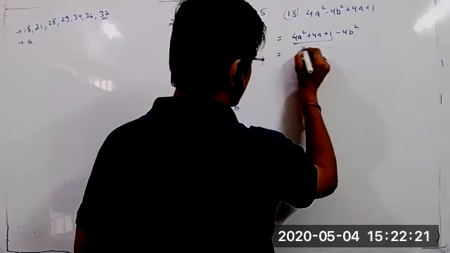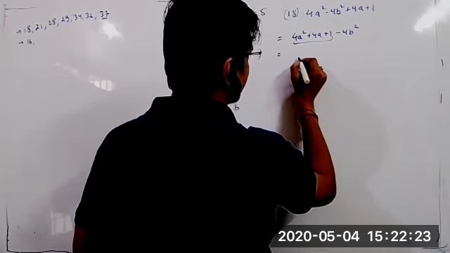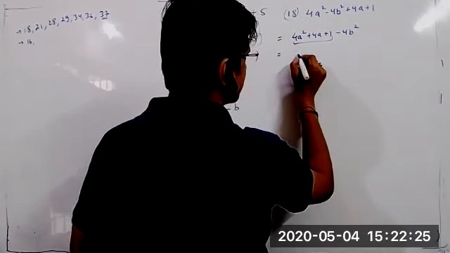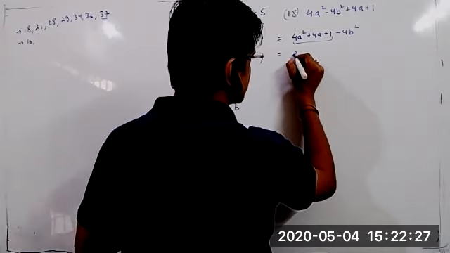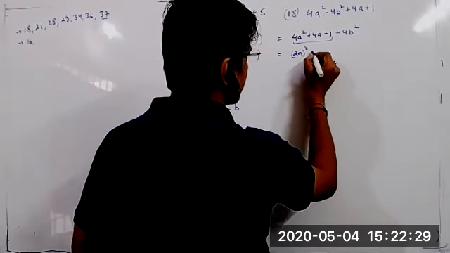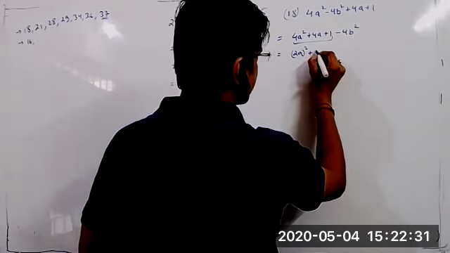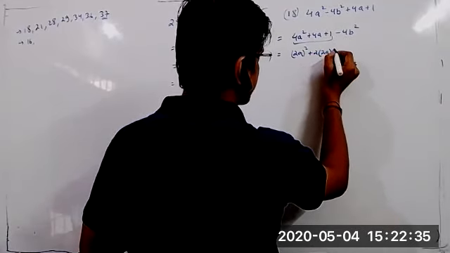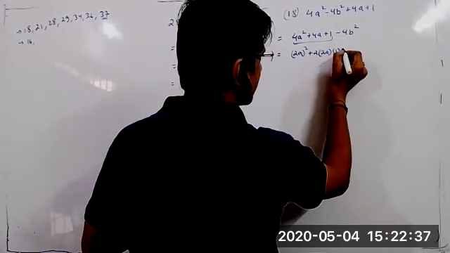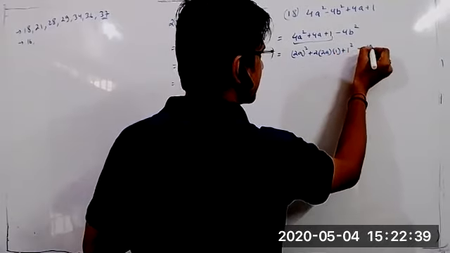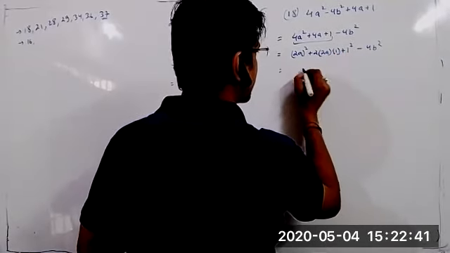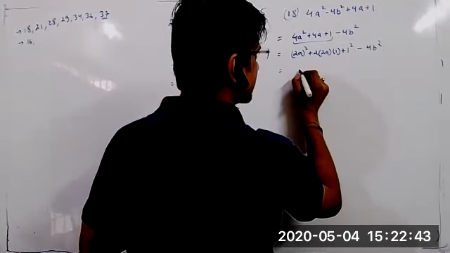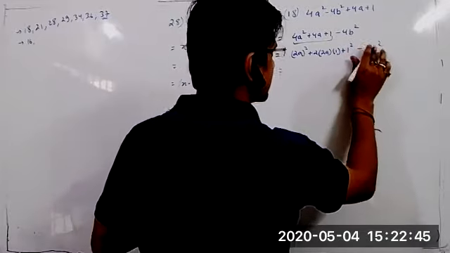So 4a square is 2a whole square, plus 2 into 2a into 1, plus 1 square, minus 2b whole square.